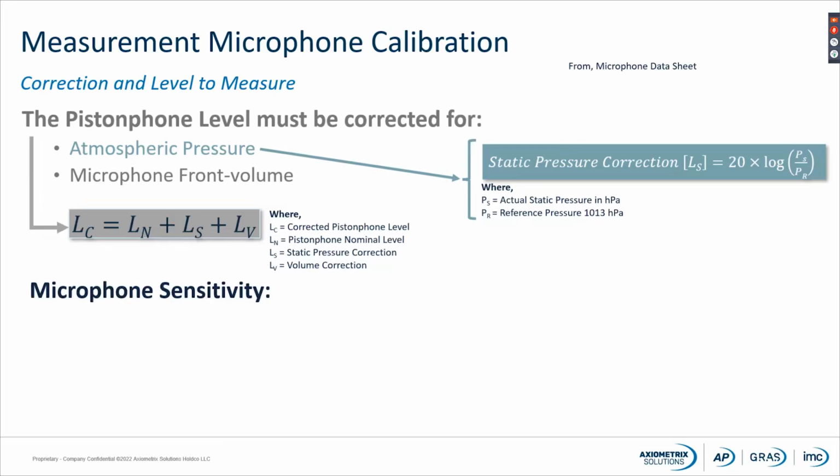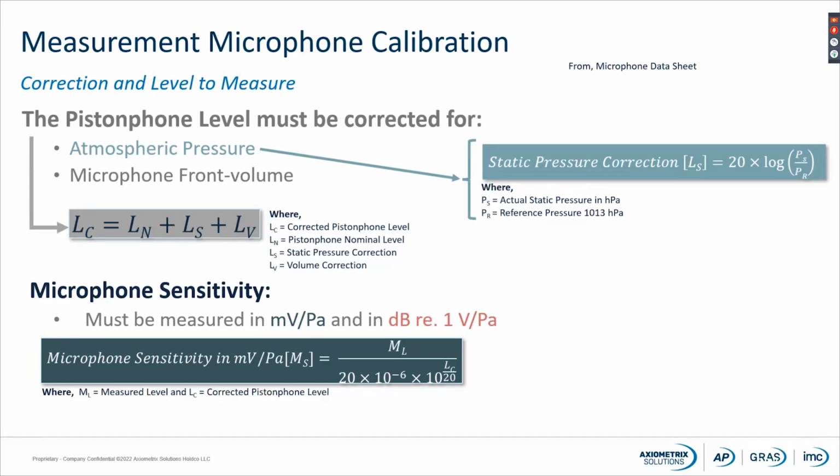If we look at microphone sensitivity, the standard describes that it has to be measured in millivolt per Pascal or in dB relative to 1 volt per Pascal. So we have to do both, but it is just a calculation.